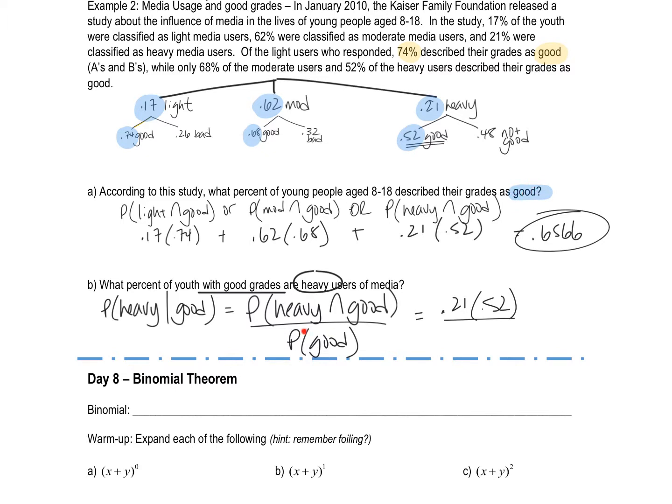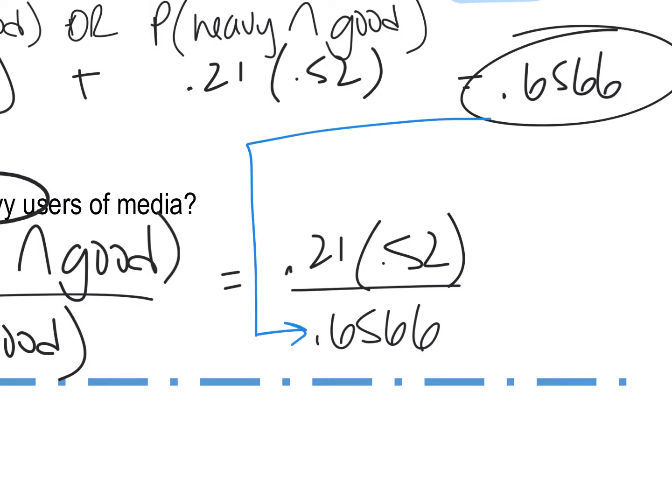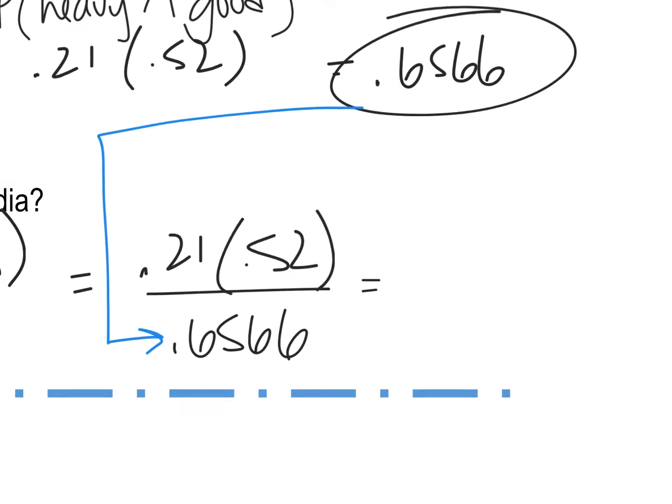That's exactly what this denominator is asking. So we already did light and good, or moderate and good, or heavy and good. This number goes in the bottom here. So 0.6566. Again, make a little note if you want to. That number is right there. That's how you get the denominator. In this case, once you crunch that number, you get 0.1663.